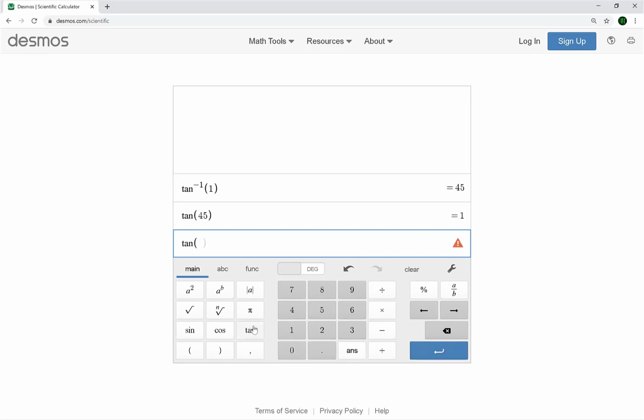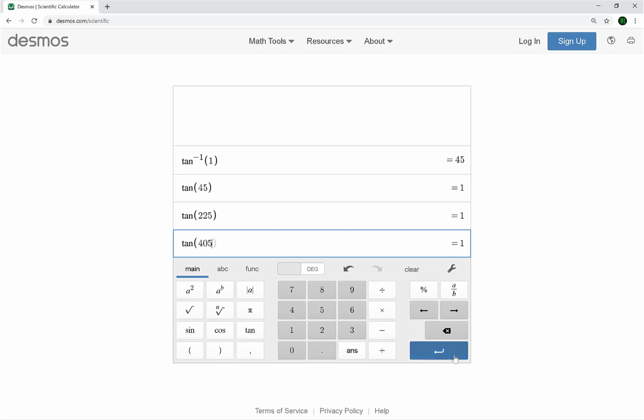Tan of, what was the other one that I got? 225? 1. Tan of, what was the other one? After 225, what did I get? 405? 405.